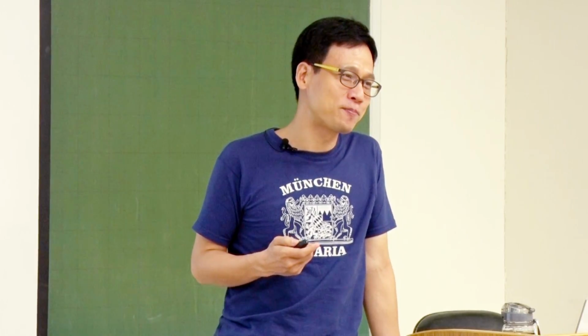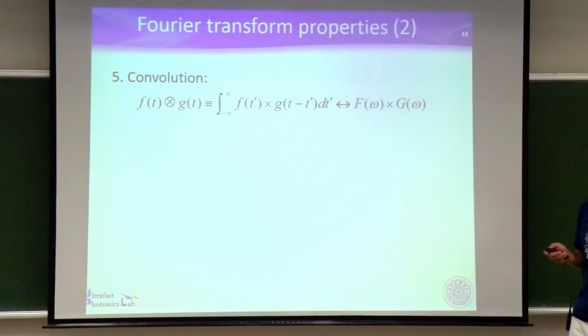It's about linear system theory. I think you can review the convolution by yourself, but let's check the Fourier transform of convolution. The result is quite easy. You have multiplication in the other domain. Convolution in the time domain is equivalent to multiplication in the frequency domain, or vice versa.